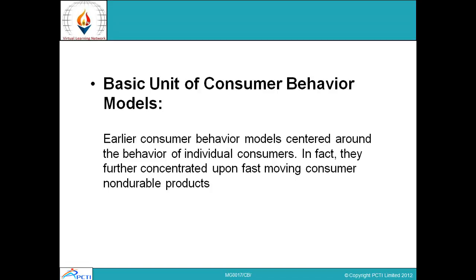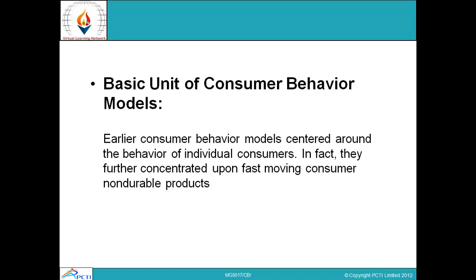You will see what brand you would like to go for, which color, and how comfortable he is wearing it. That is nothing but a basic unit of consumer behavior, because when a college boy is going to buy jeans, he does not have the money to buy. He has money from the parent, and you being a parent help him decide what to purchase and why to purchase.